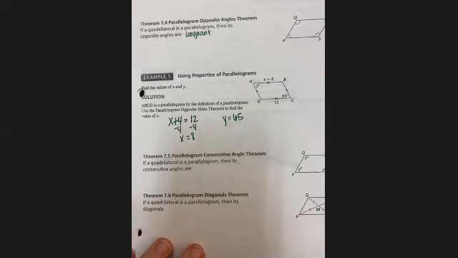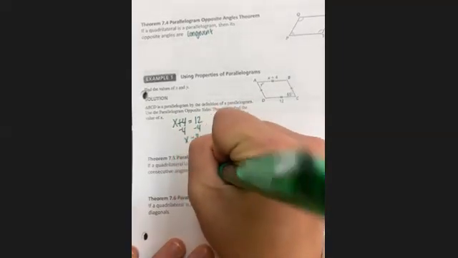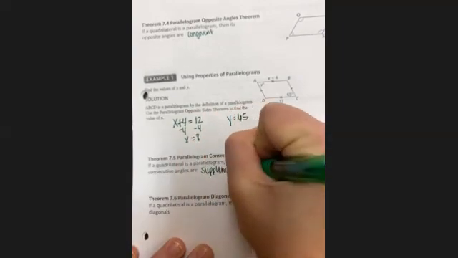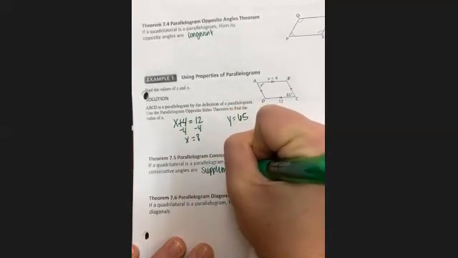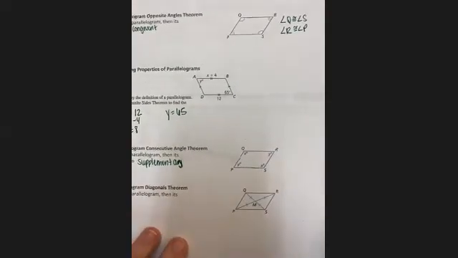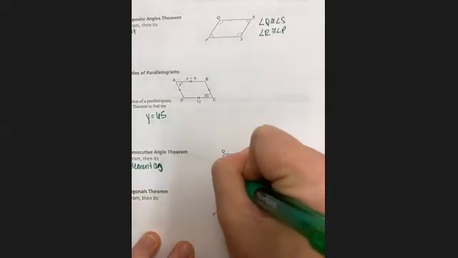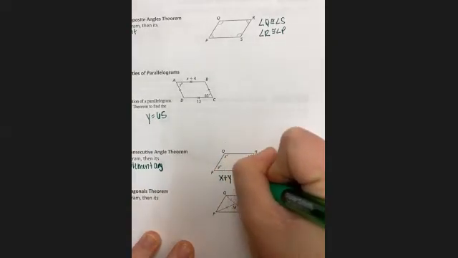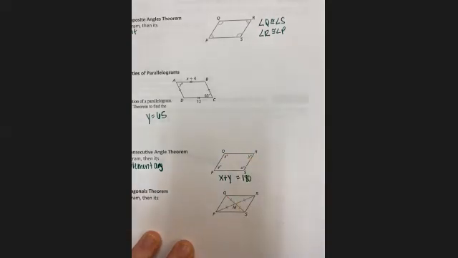So now they're going to be right next to each other, and if that's the case, so if a quadrilateral is a parallelogram, then its consecutive angles are supplementary, okay? So then I can come over here to the picture. Any combination of X plus Y here would add up to be 180 degrees, okay? So you can do X and Y here, you can do X and Y here, or so on around, okay?